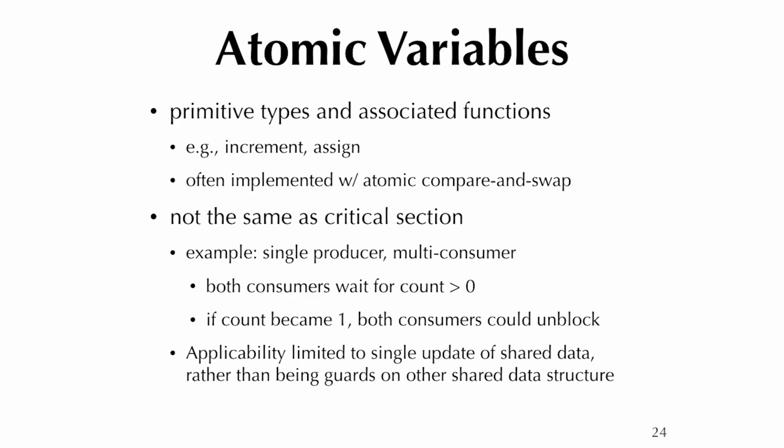It's not the same as a critical section because, for example, if you have a single producer and multiple consumers, and both consumers try to grab an item from the queue enqueued by the single producer, they both can proceed when the count becomes 1, but only one of them is supposed to get control.